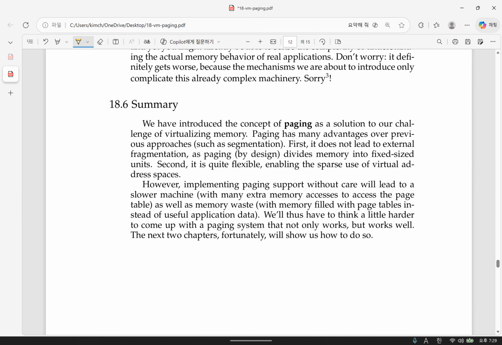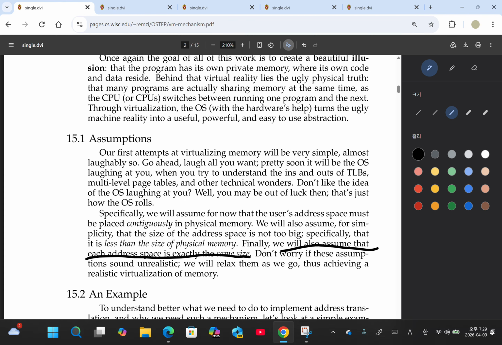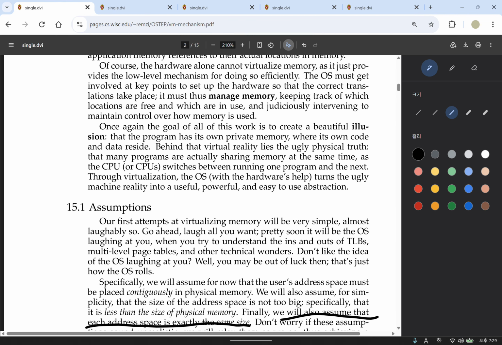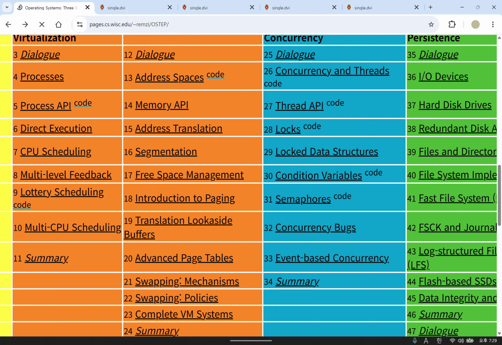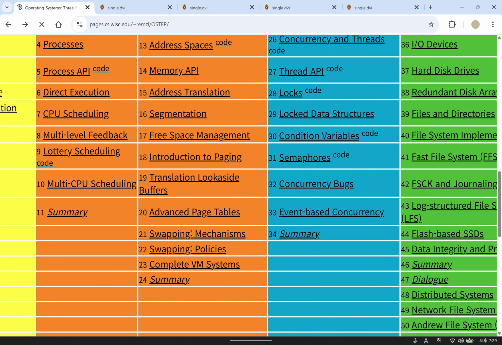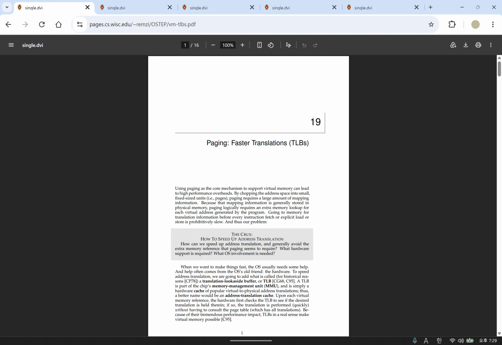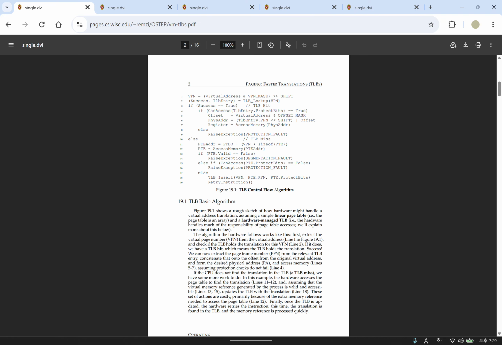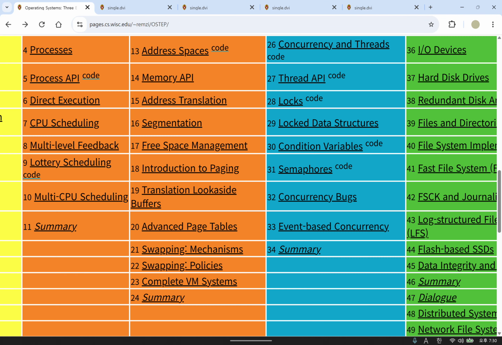Basically, we don't solve the problem here. We just show you the problems that page tables can have in chapter 18. Then we need to go to chapter 19 for faster stuff, and then chapter 20 for smaller tables.